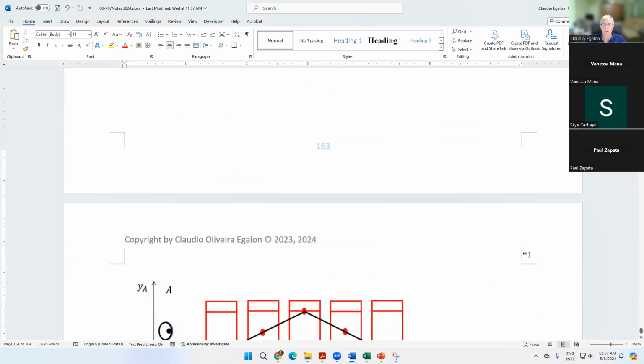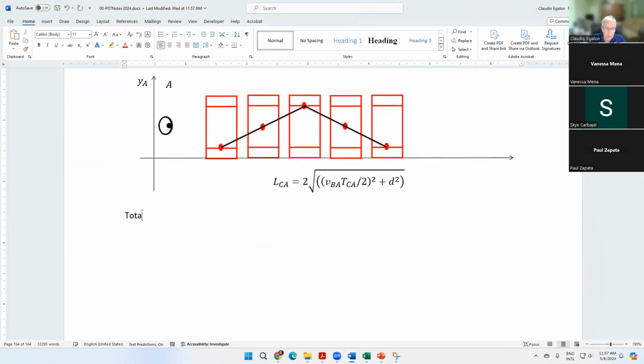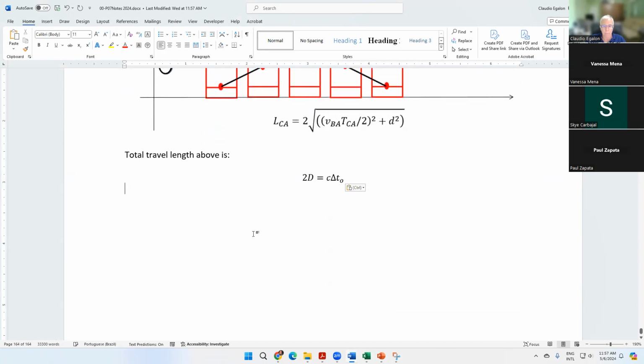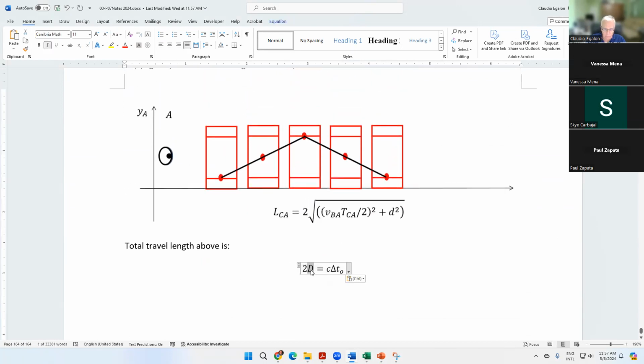Okay, so the total travel length above is twice the diagonal, 2 times the square root.